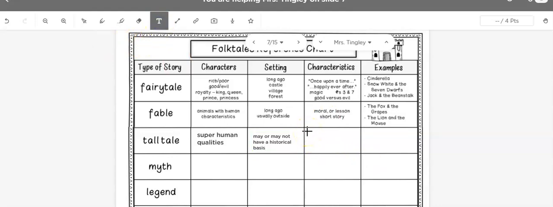Some characteristics of a tall tale is that the humans are normally larger than life, not meaning that they are necessarily tall. Sometimes they do, but they're just over-exaggerated. Larger than life.